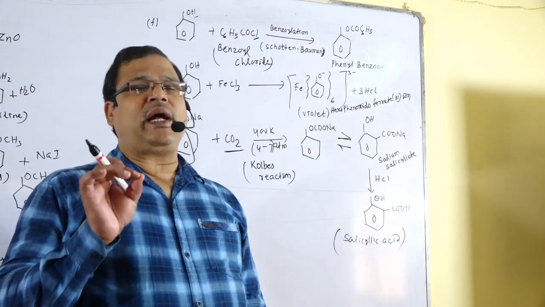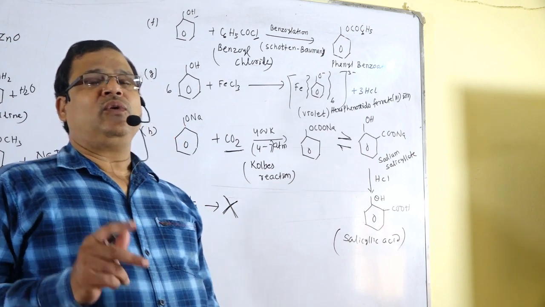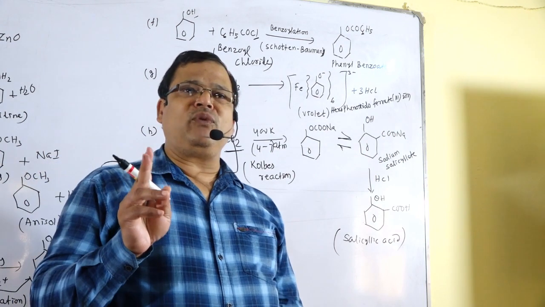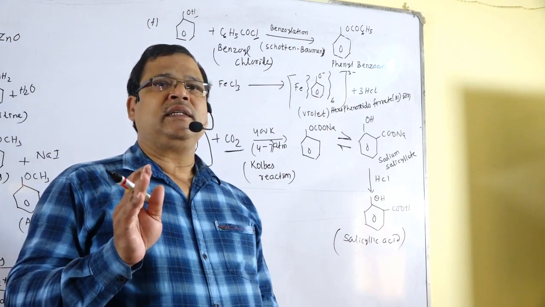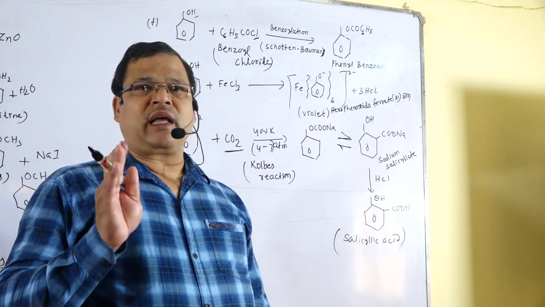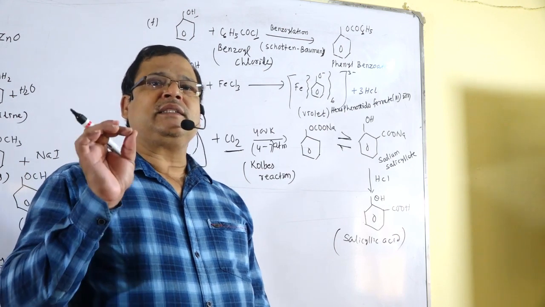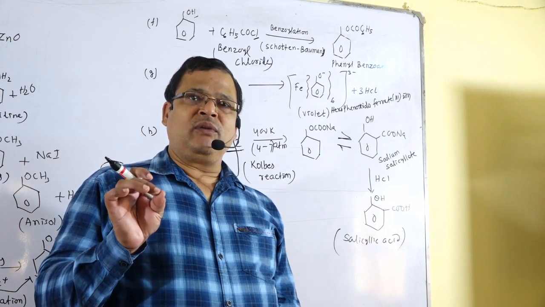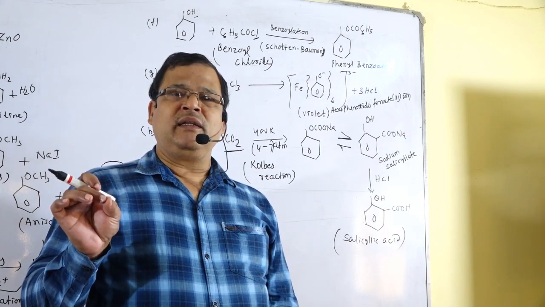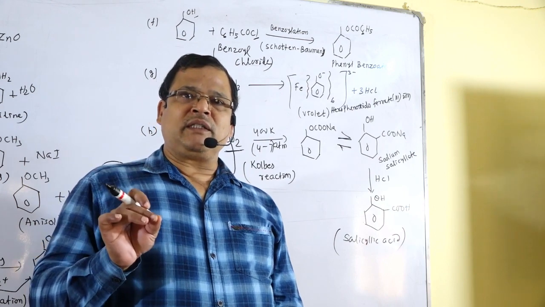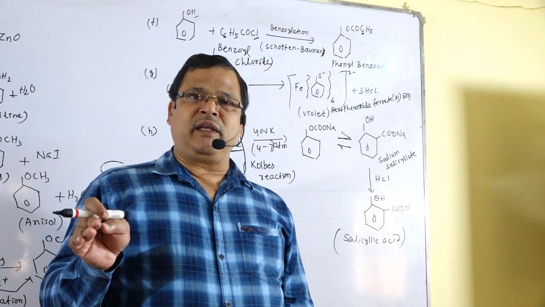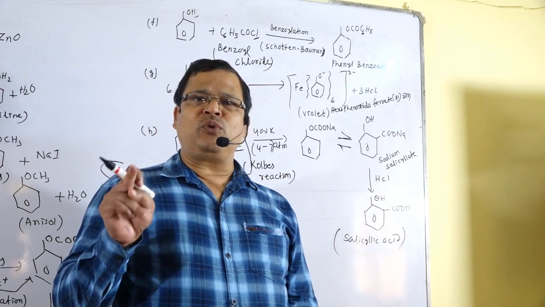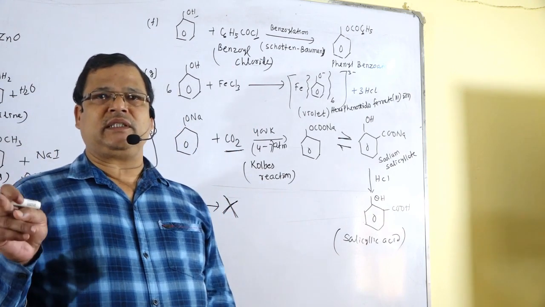How will orthohydroxy benzoic acid be prepared? Already we have given one reaction, the Reimer-Tiemann reaction, that is the reaction of phenol with carbon tetrachloride in presence of NaOH at about 343 Kelvin, forming ortho-hydroxybenzoic acid.